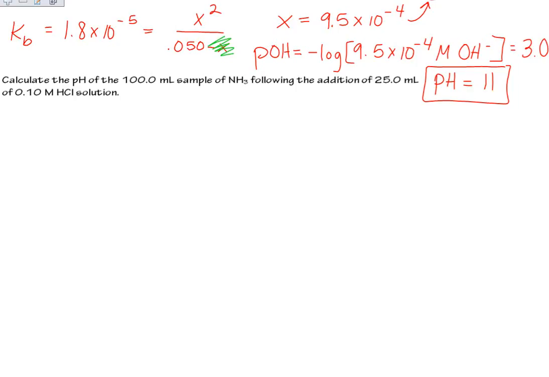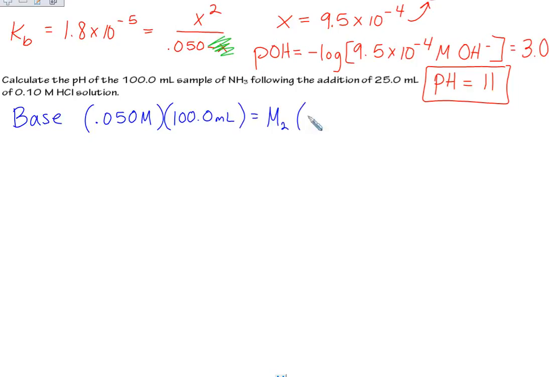We could do the base first. Originally, the base, in the previous problem, was 0.050 molar. We're starting with 100 milliliters. I want to know the new molarity when we add 25 milliliters of acid.